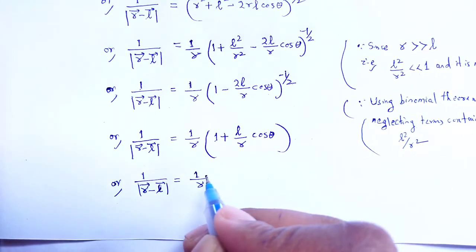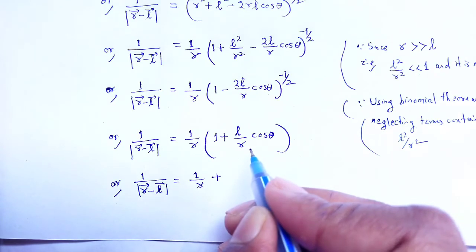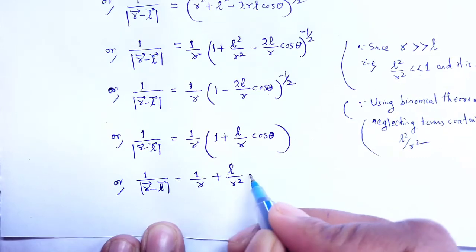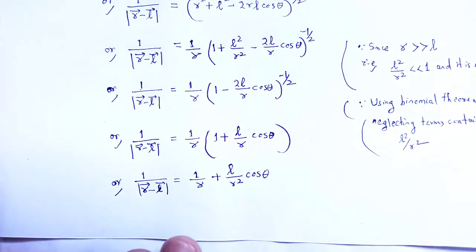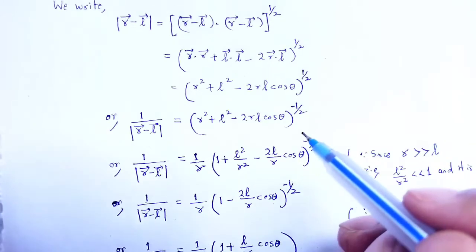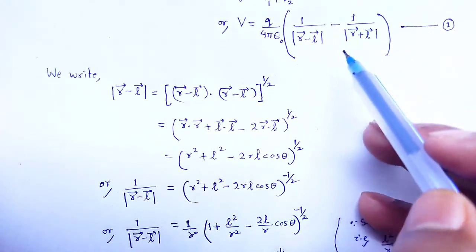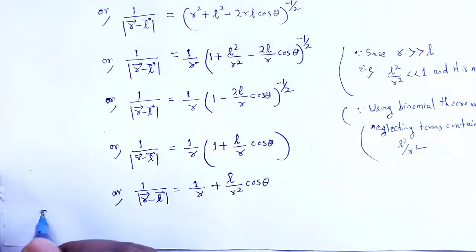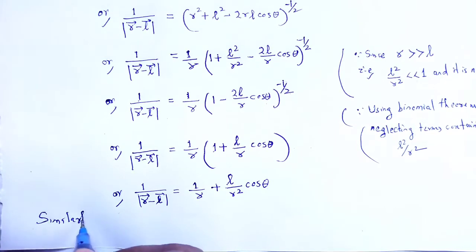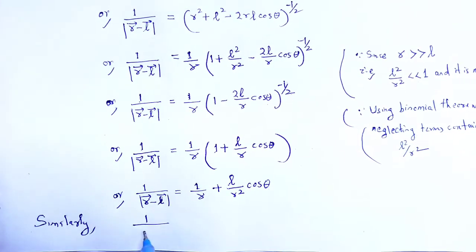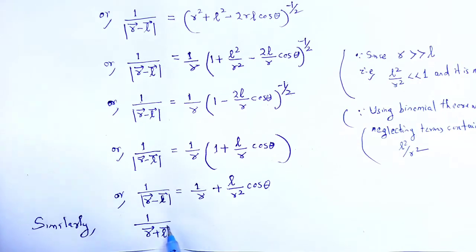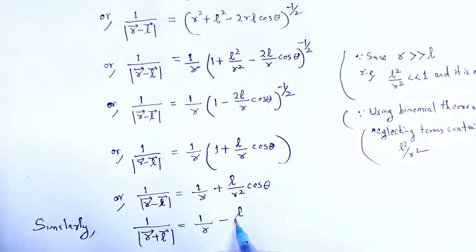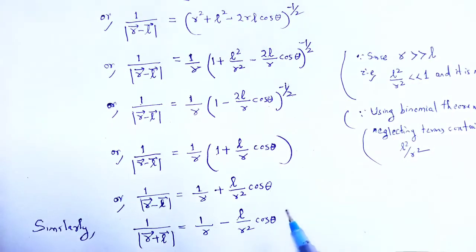1 by r plus L by r square cos theta. Similarly, for 1 divided by the magnitude of r plus L it can be derived: 1 divided by the magnitude of r vector plus L vector will be 1 by r minus L by r square cos theta.